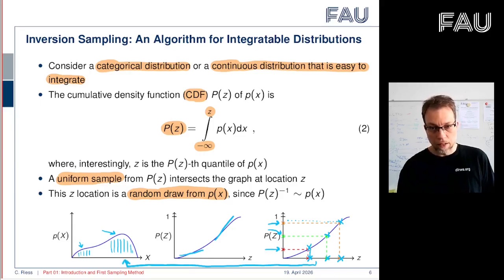And it's not a coincidence that we are seeing more samples in this area where we had a higher probability mass, because from the increased steepness of the CDF, it's more likely that we are hitting this part of the curve rather than from the flatter section here.